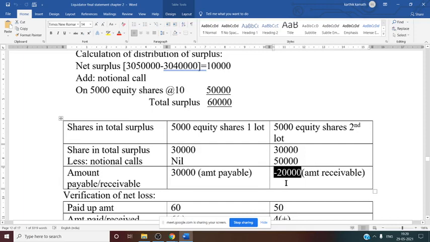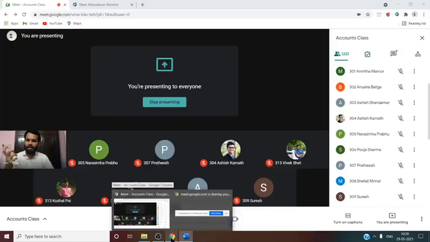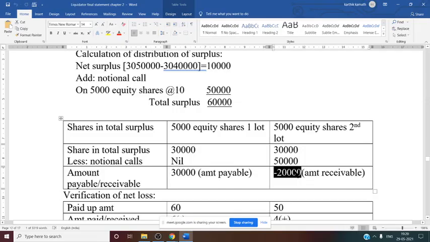That is nothing but the equity shareholder will give this amount to the company, or they have to return this amount to the company. Whenever they are going to return the amount, it is surplus to the company. Why? Because here the company is expecting the money from the shareholder.